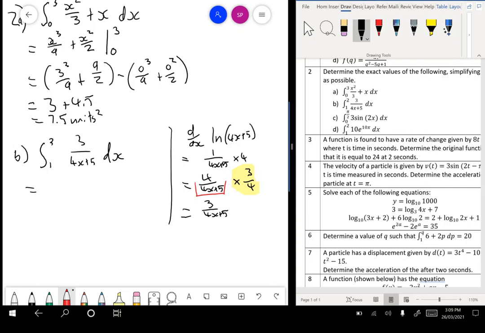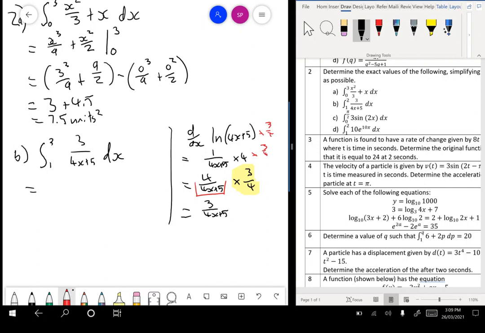But that's not quite what our integral looks like. To make it look like our integral, we'd need to times the derivative of that by 3/4. And we can then work in reverse. I'll just do this in red. Times 3/4.